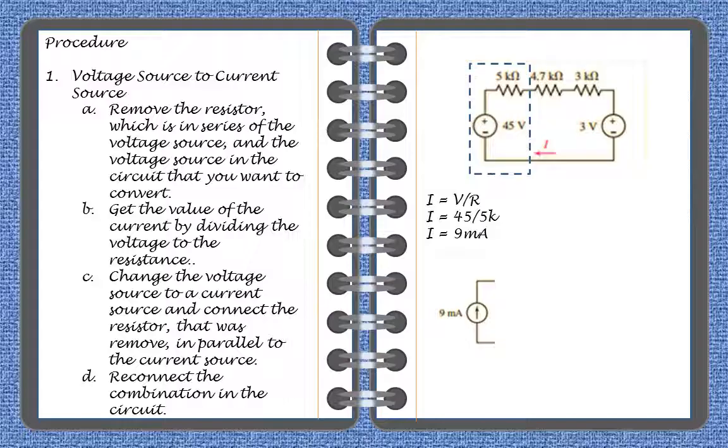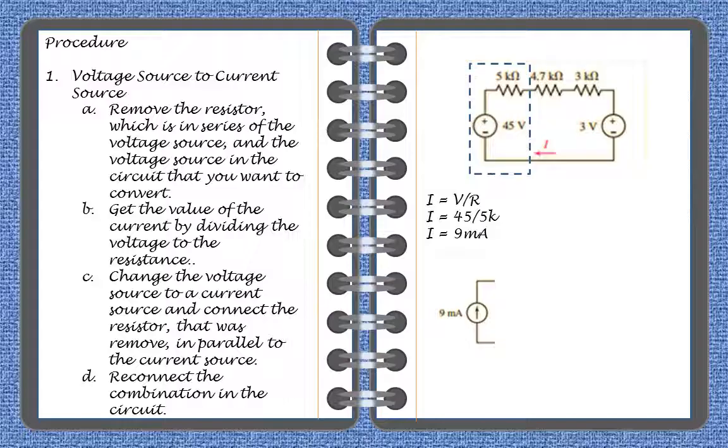Why is it pointing upward? Because the positive side of the voltage source is right above, at the top portion of the voltage source symbol.